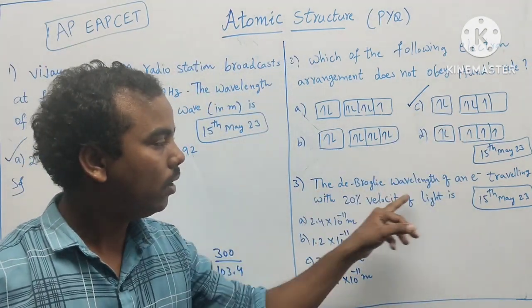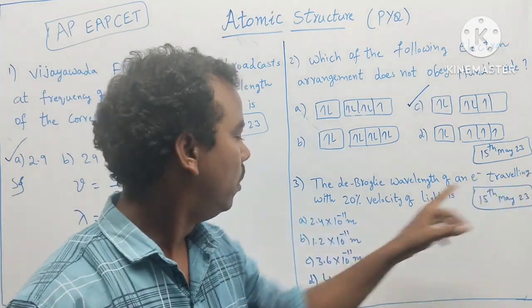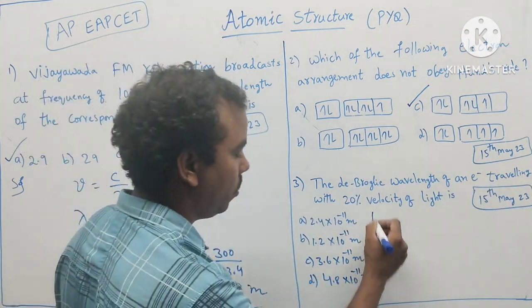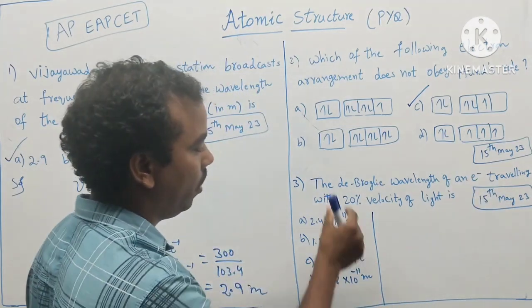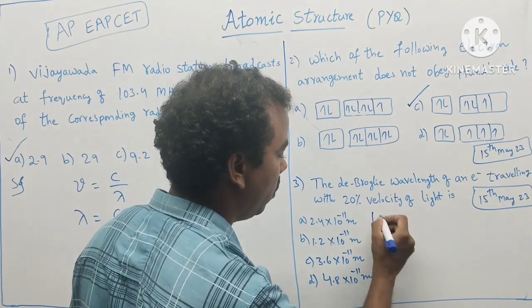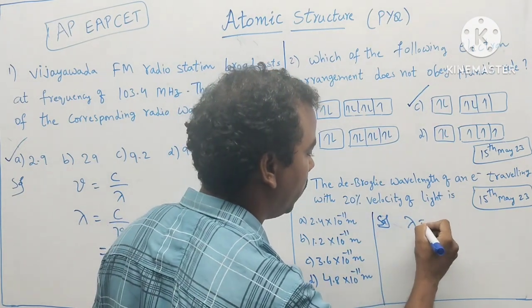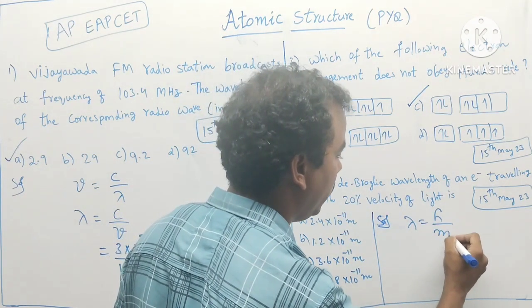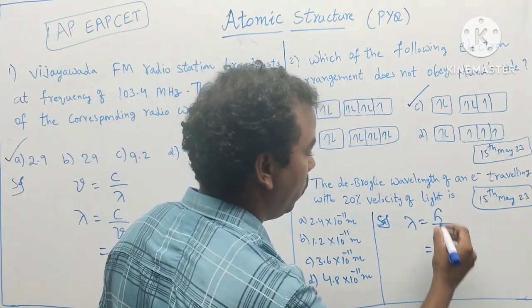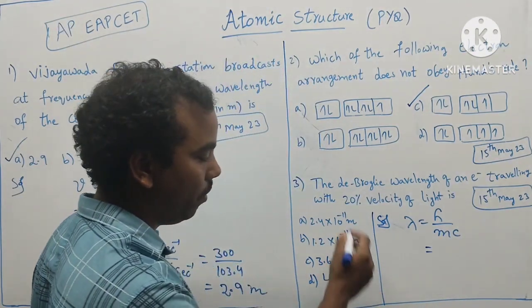Next, the de Broglie wavelength of an electron traveling with 20% velocity of light. So what do we calculate here? The de Broglie wavelength formula: lambda equal to h by mv, or h by mc. The answer is in meters.